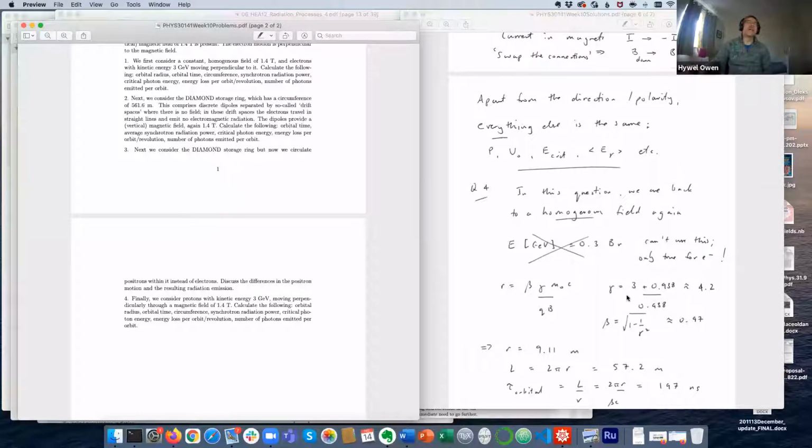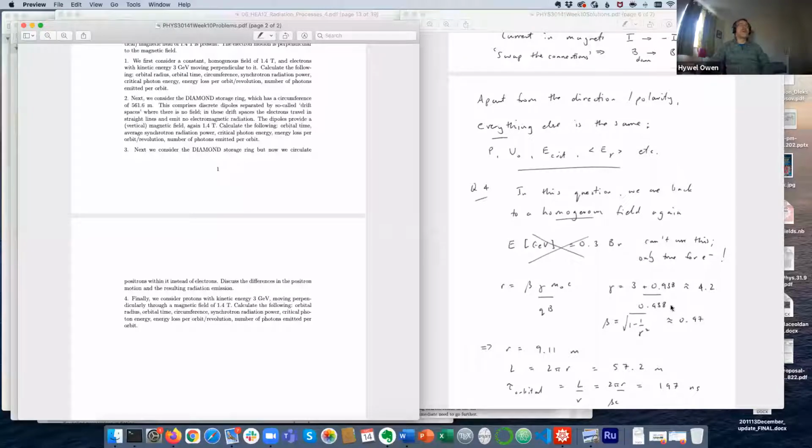So this is the same kinetic energy, but now the gamma is massively different. It was 5,000 before, and now it's about 4. Beta, for this gamma factor, is not quite 1, but it's pretty close to 1. So you could almost get away with using beta equals 1 in our calculations. We'll see that's not quite true, but let's go on with that.